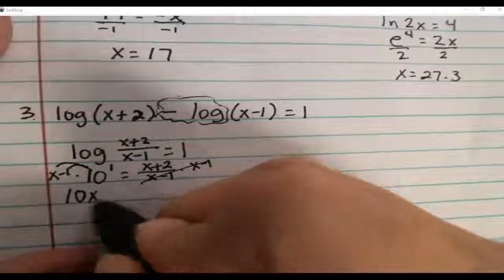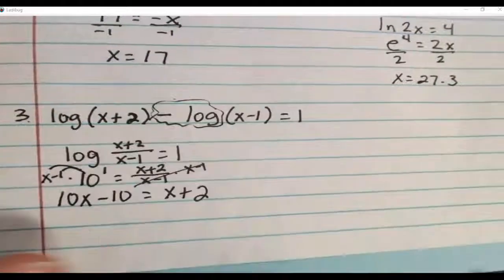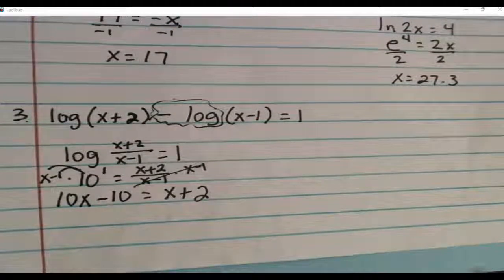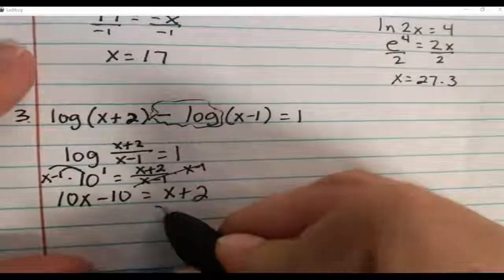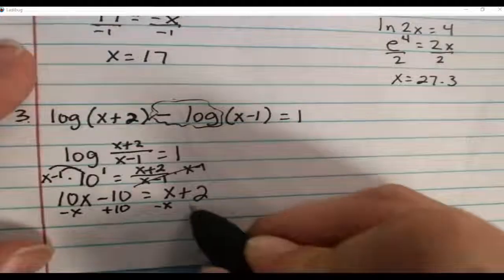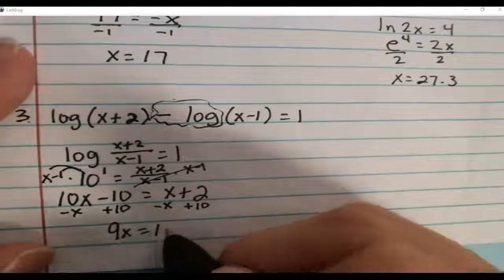So then we get 10x minus 10 equals x plus 2. And then you can solve it however you like to solve it. I'm going to subtract the x over and add the 10. So we'll get 9x equals 12.